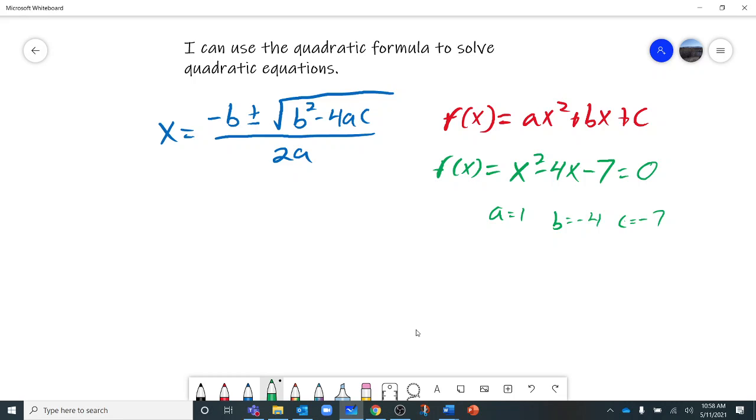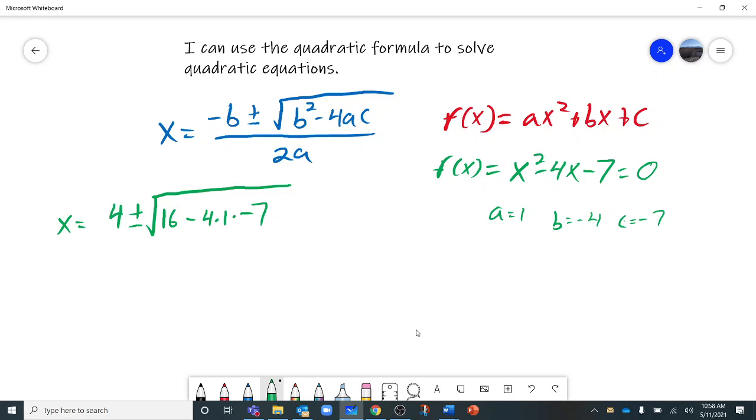So I'm just going to plug things in. Negative b, well, b is negative 4, so negative negative 4. So I'm going to say x equals negative negative 4, which gives me a positive 4, plus or minus the square root of negative 4 squared, which is negative 4 times negative 4, giving me a positive 16, minus 4 times 1 times negative 7.